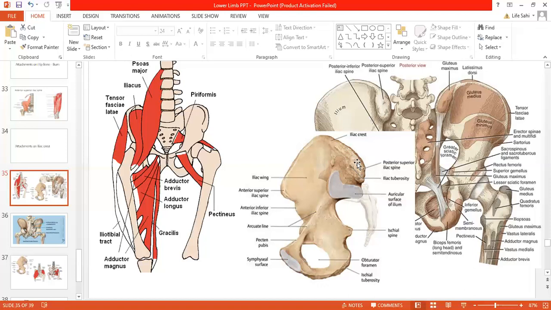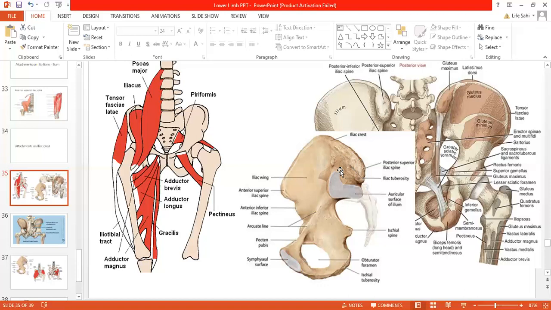Deep to the attachment of the erector spinae, near the medial border of the iliac fossa, two ligaments get attached. Here, superiorly, this rough area near the medial border of the iliac fossa provides attachment to the dorsal sacro-iliac ligament.